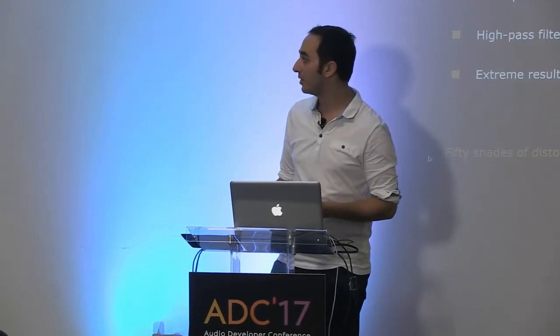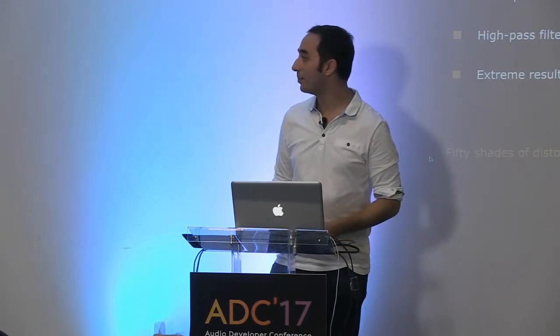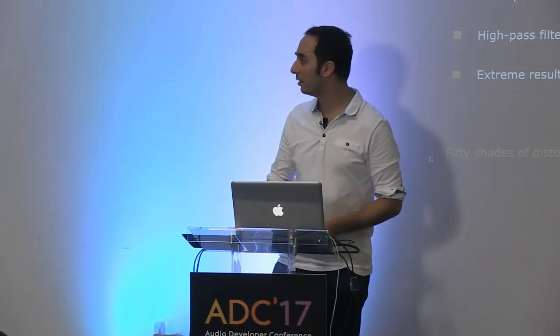Low pass can also be used as a cheap speaker cabinet emulation, which is quite useful when you play with guitar sounds. For example, one of the most known overdrive pedals, which is the Tube Screamer, is basically a distortion unit with a high-pass filter around 700 Hertz, just before the distortion, something like that.